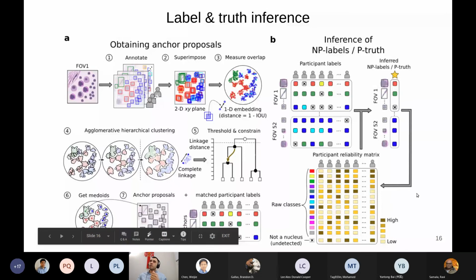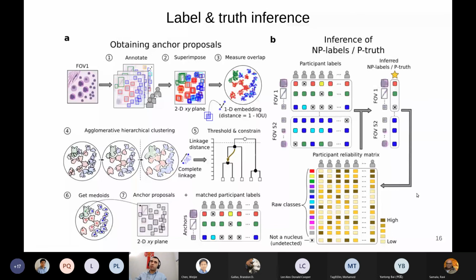You can do this because now you can look at outliers. If 20 people call this lymphocyte and only one person called it, I don't know, tumor, then chances are this person is wrong. So you use that information to further refine your initial label, which was probably bad because it's random-ish, and you do this cycle multiple times to end up with your best estimate of what the real label of the nucleus is.